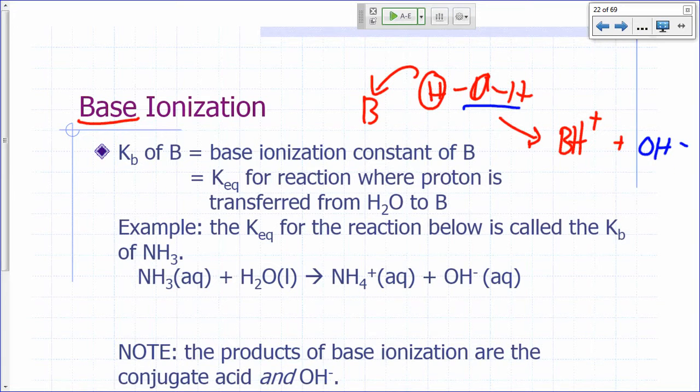And when that base happens to accept a proton from water, it leads to the production of hydroxide, which would explain the increase in the hydroxide concentration if you put it in water. So the equilibrium constant for this type of reaction, where you have something that pulls a proton away from water to give you its conjugate acid and a hydroxide ion, is known as the Kb of that something, in this case, the base.